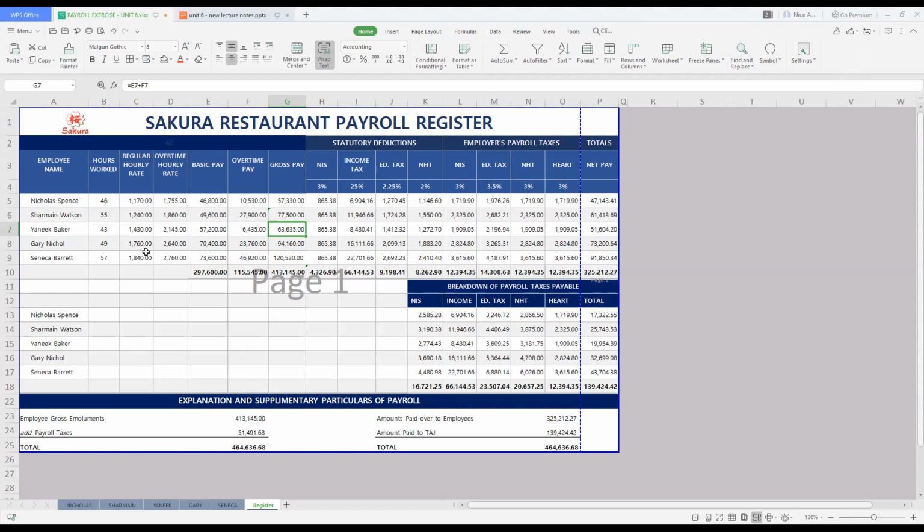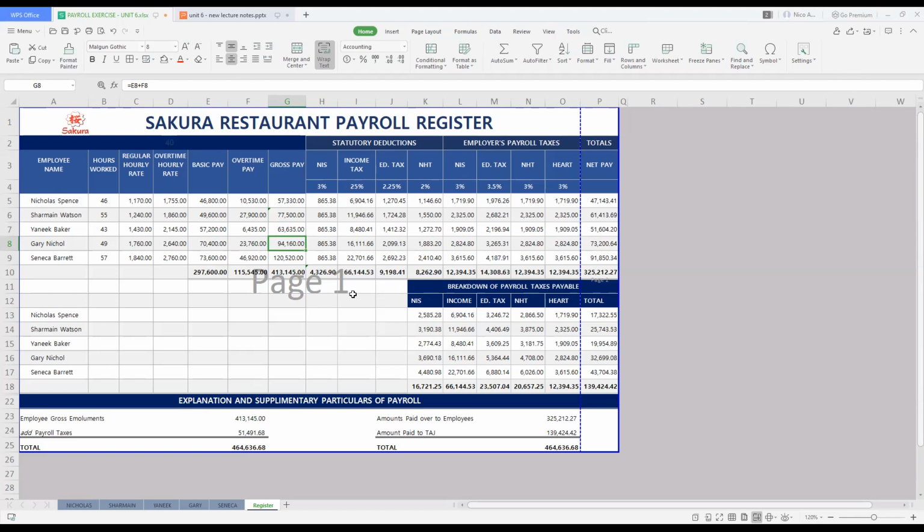And so we multiply the remaining 9 hours worked by that 2,640 to get an overtime pay of $23,760. So we add the basic pay of $70,400 to the overtime pay of $23,760 to get a gross pay of $94,160. So the first thing that we're going to do after this is to find what the statutory income is.